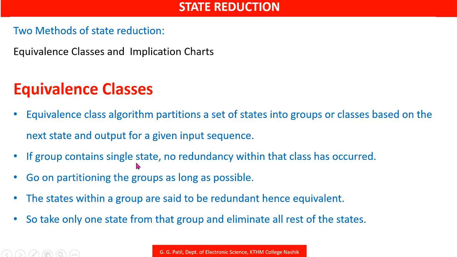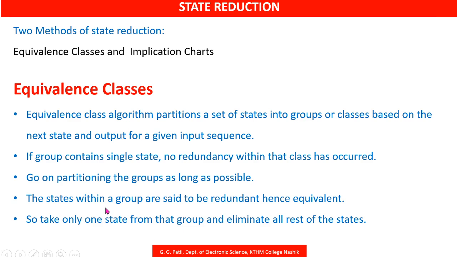That group is referred to as a class. Go on partitioning the groups as long as possible. The states within a group are said to be redundant and hence equivalent.